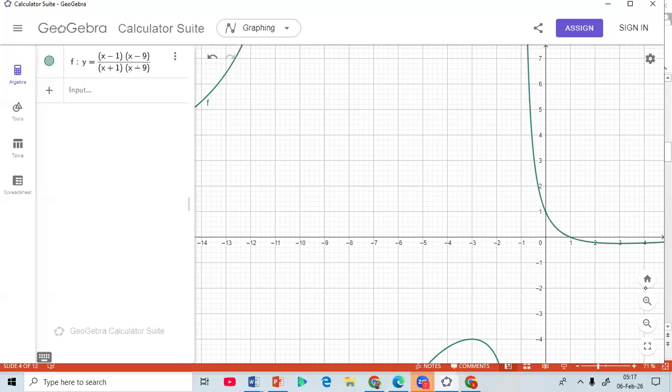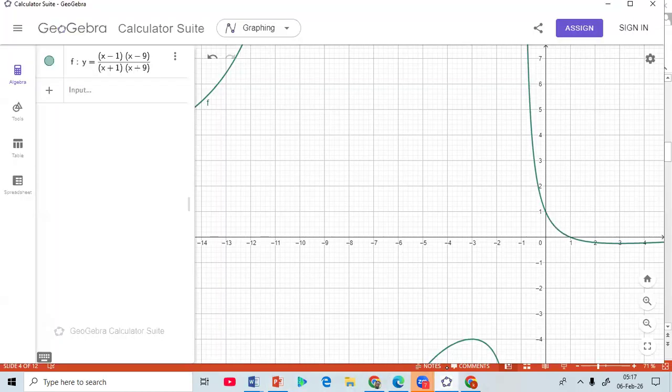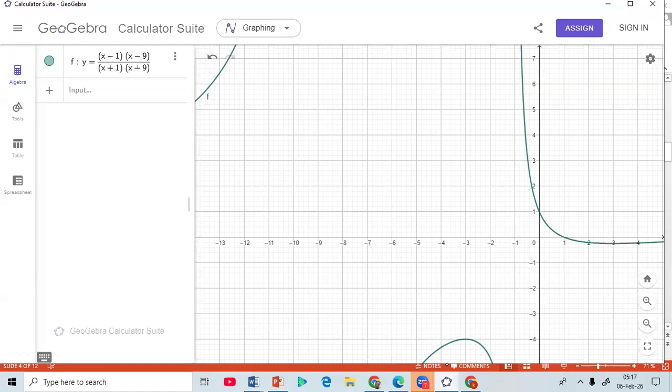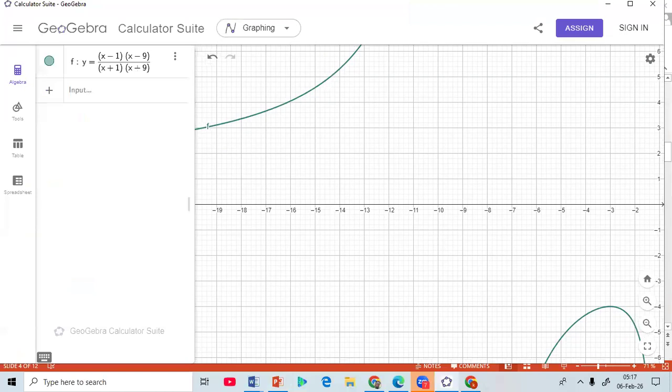below was above our -1. When you go back here, anything below -9 was a positive. So when you look at this curve, anything below -9 here was a positive. That's why your curve is up here, because it was below.